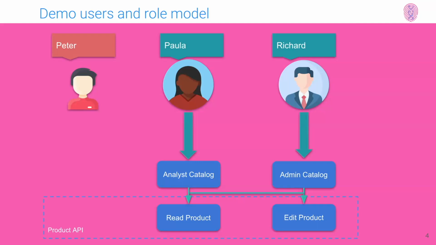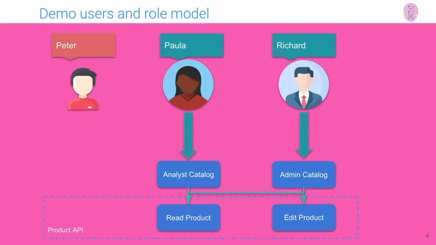And then we are going to have Richard. Richard is an admin guy. So Richard is related to the admin catalog role, and that role is related to the technical roles, read product and edit product. So this is the model that we are going to play with today.